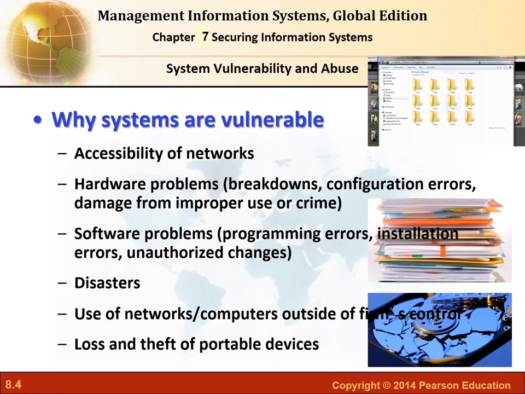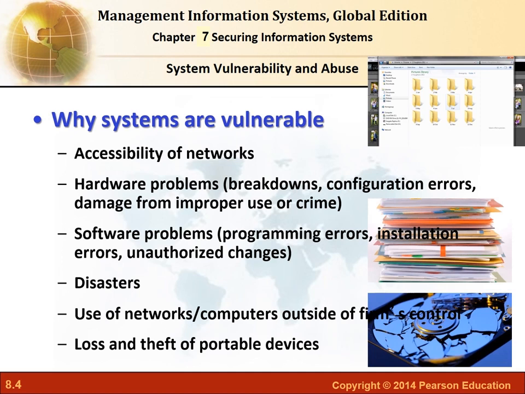This slide discusses the main categories of threats to information systems. Note that when large amounts of data are stored digitally on computers and servers and in databases, they are vulnerable to many more kinds of threats than when they were stored in manual form on paper in folders and file cabinets.